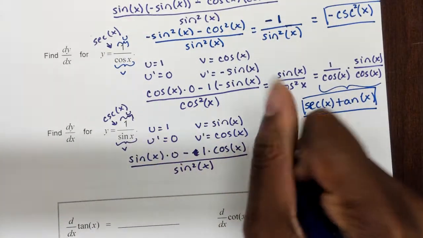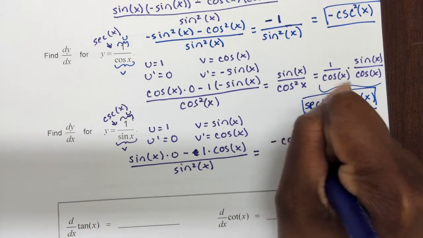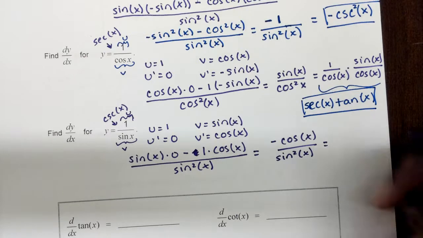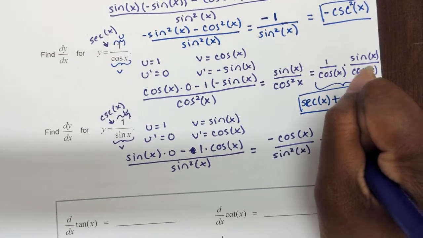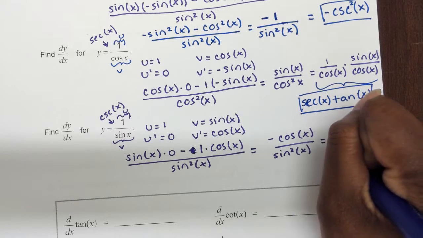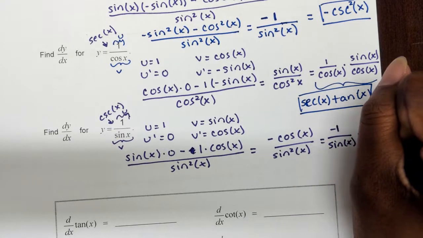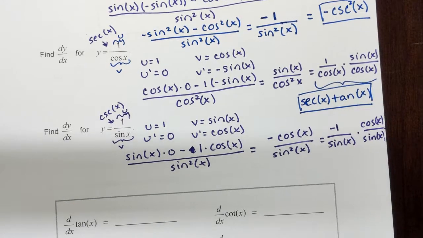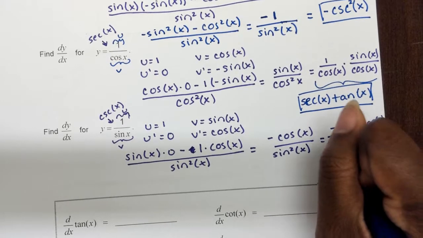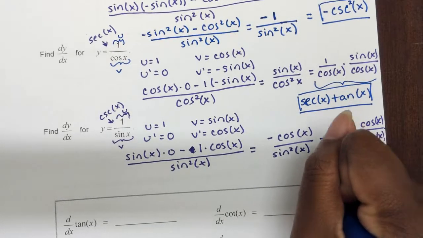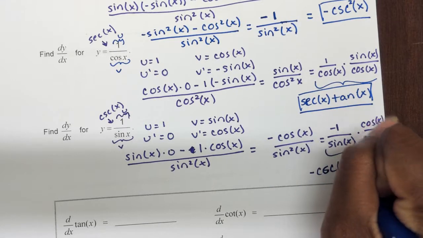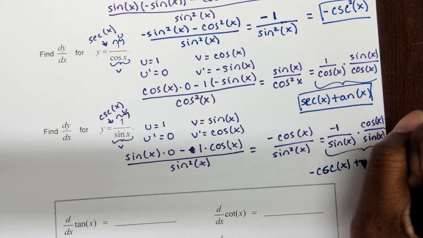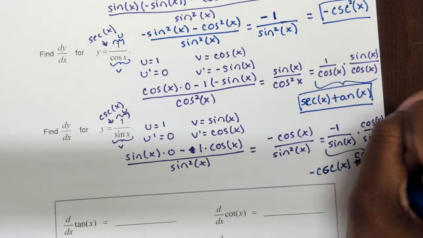So this comes down to negative cosine x over sine squared x, which we can split to negative 1 over sine x times cosine x over sine x. And this comes down to being negative cosecant x times cotangent x.